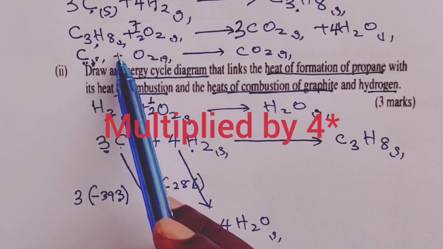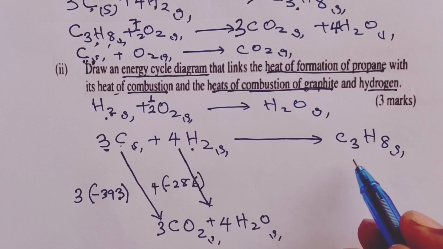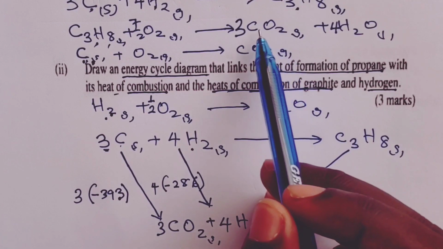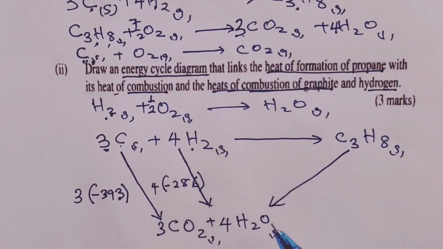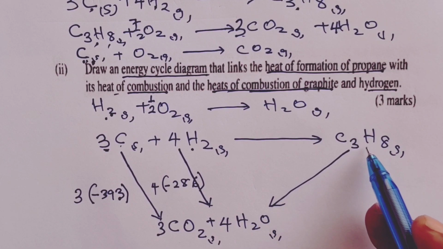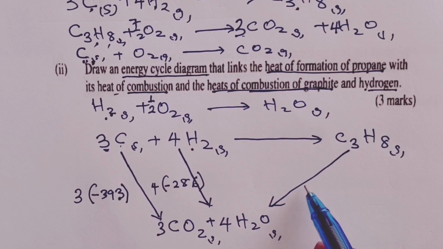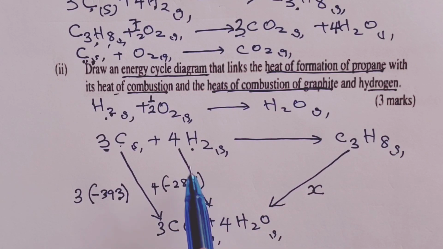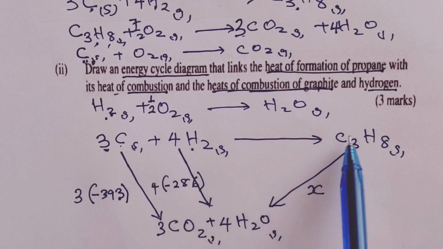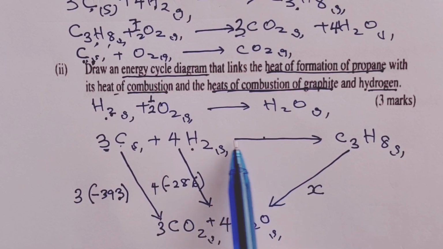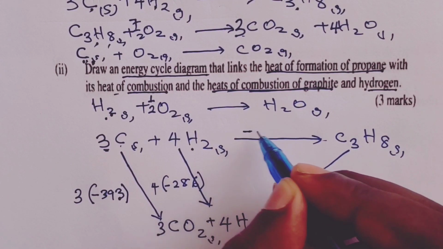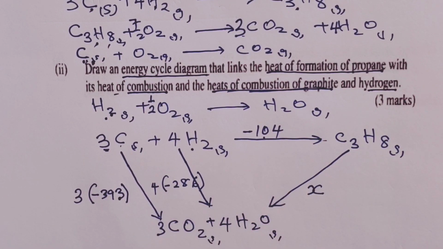And then for equation 2, we shall generate this root coming down from propane to the products that are formed at this end. Now we know that the enthalpy of combustion of propane has not been given, so we shall represent it as X. But the enthalpy of formation of propane, represented by our main root, has been given as negative 104 kilojoules.